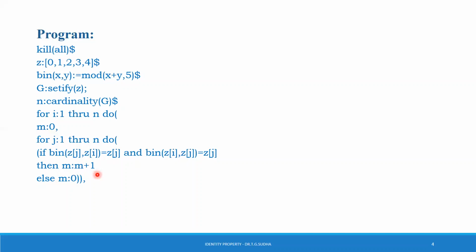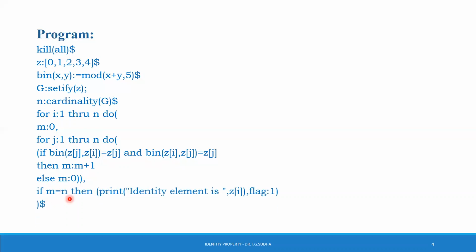That is, the loop goes to the next element, that is i is equal to 2, and it checks the condition for the identity property. If this doesn't hold good, then we store under the user variable m equal to 0.